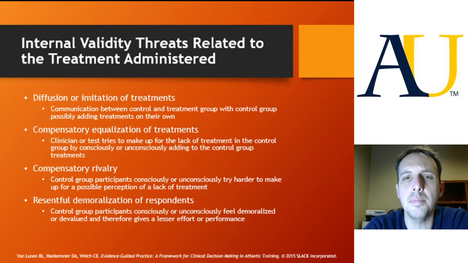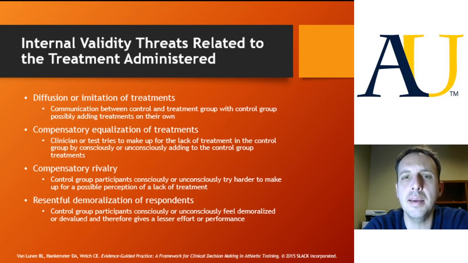So the example that is often used with this: a control group participant finds out that the intervention group is receiving additional strength training exercises as part of their care compared to the control group, and the person in the control group might seek out or do their own exercises on the side, thereby trying to improve their own care.